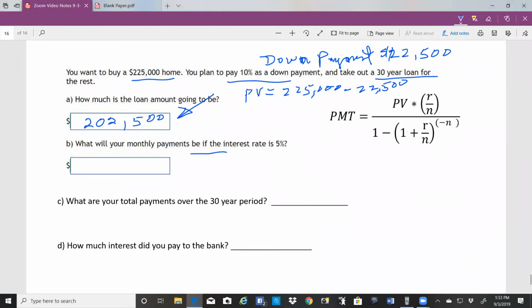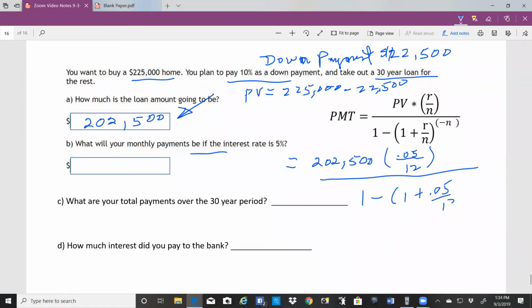So here are your monthly payments. That's going to be $202,500 times R over N. R is 0.05. N is 12. And it's 1 minus 1 plus 0.05 over 12.